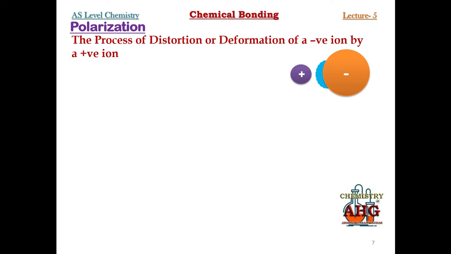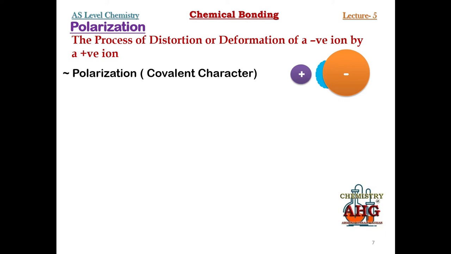Now then, next thing you must remember, whenever in an ionic compound polarization takes place, it induces covalent character in an ionic bond. What is covalent character? You people know, during the formation of a covalent bond, shells of atoms overlap each other.